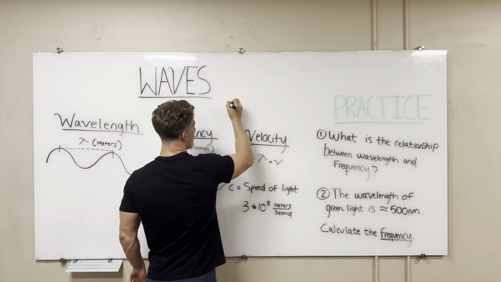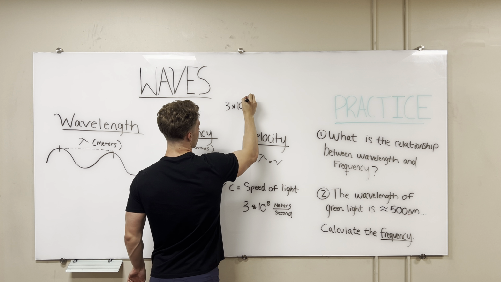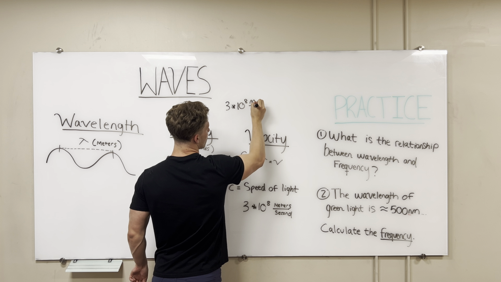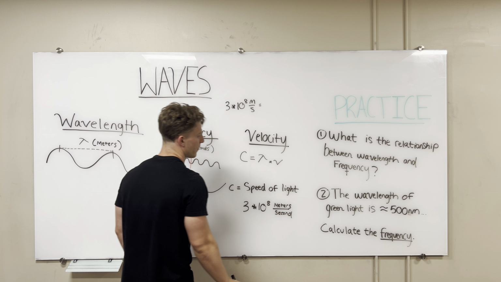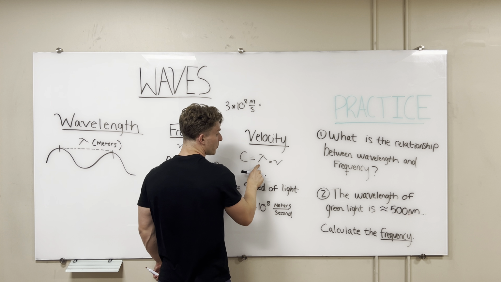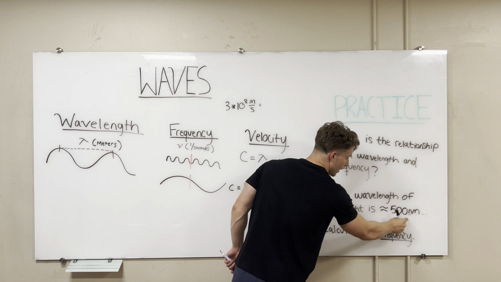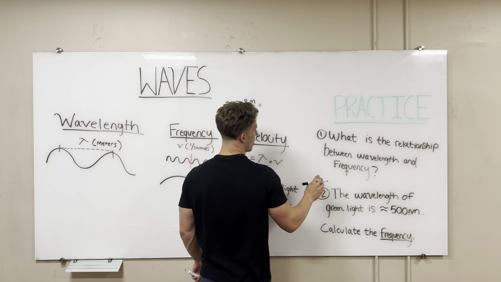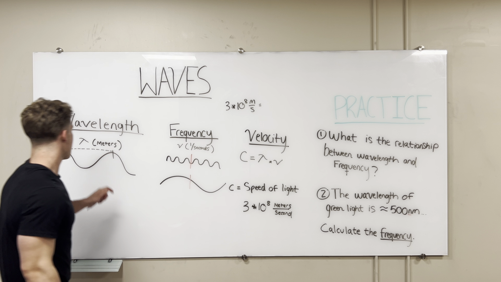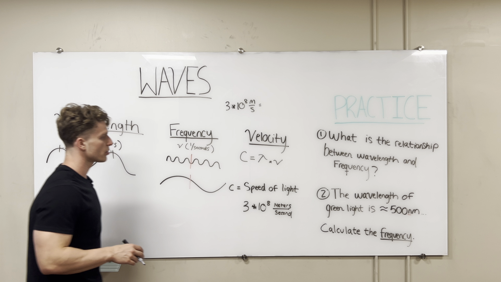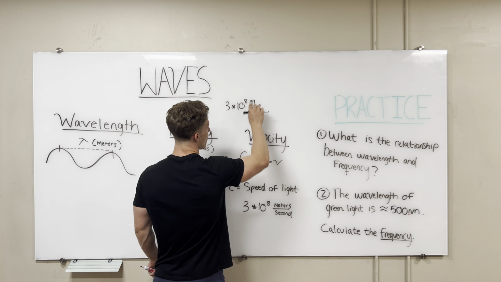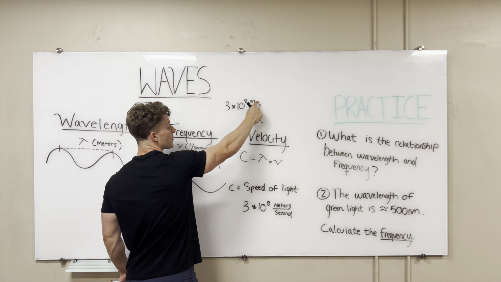So c, which is 3 times 10 to the 8th meters per second, is the speed of this wave. It's a light wave. The wavelength is 500 nanometers. However, I want my wavelength to be in meters, not nanometers, because this is meters right here.